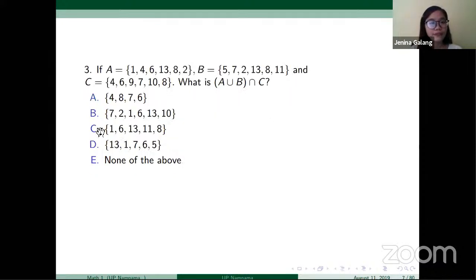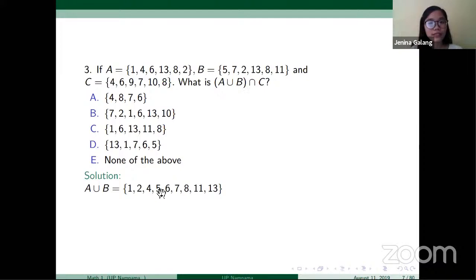we have if A is a set containing this, and B is the set containing this, and we have C. So we have A, B, C to be sets. What is A union B intersection C? So here, unahin natin kunin yung nasa parenthesis, which is A union B. Pagsamahin lang natin lahat ng elements ng A and B. So we have 1, 4, 5, 6, 7, 8, 11, and 13.